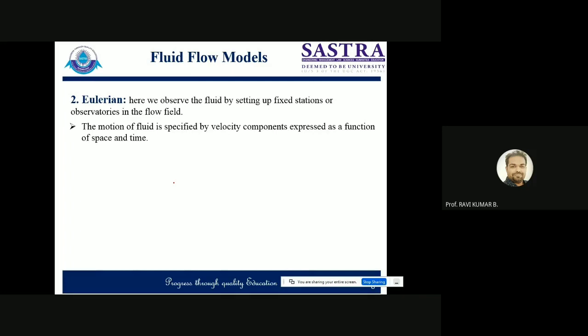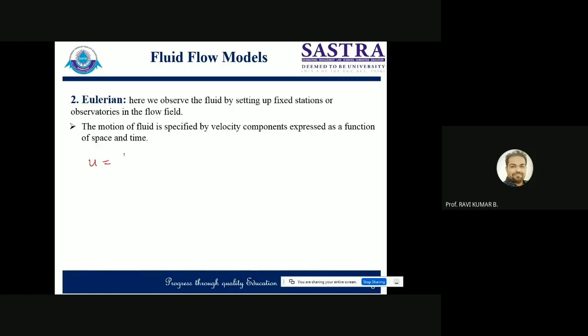So whatever velocity you are measuring will be a function of the global coordinates x, y, z, and t. But in the case of Lagrangian, it was the local coordinates. At a particular position, you were measuring the velocity. So in this case, you can write velocity components directly as a function of space and time.